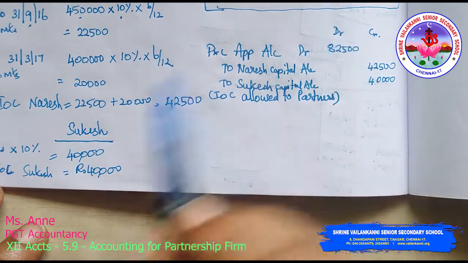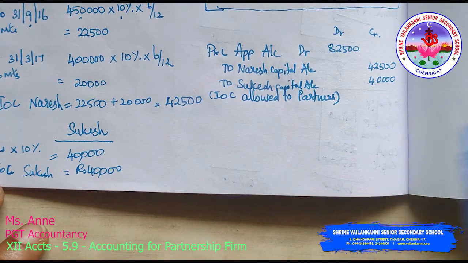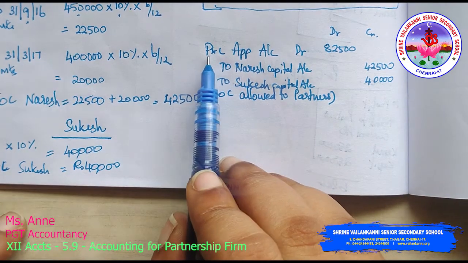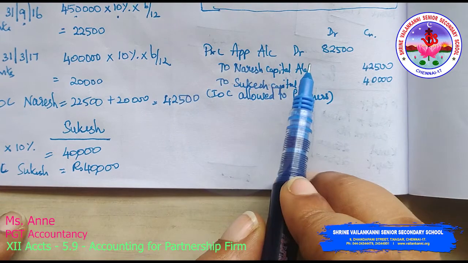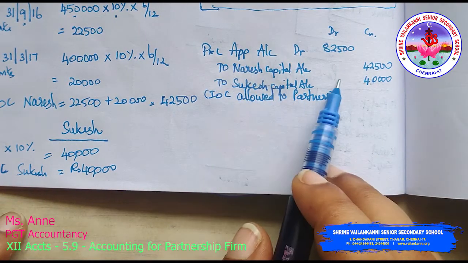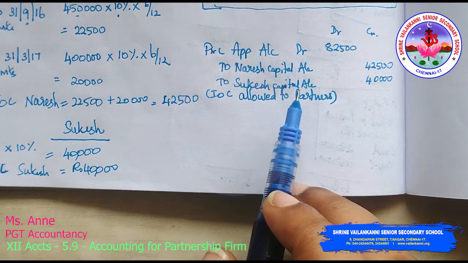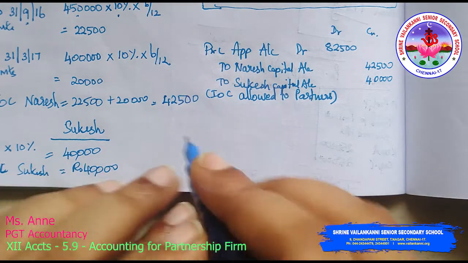Interest on capital account debit and interest on capital account credit will be cancelled. So finally you will get this entry: P&L appropriation account debit to Naresh capital account, to Sukesh capital account.